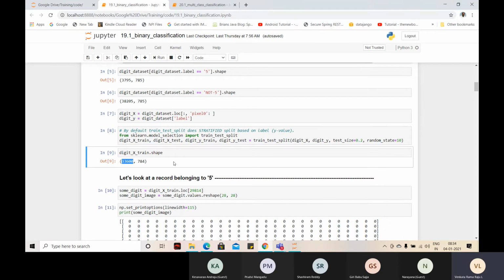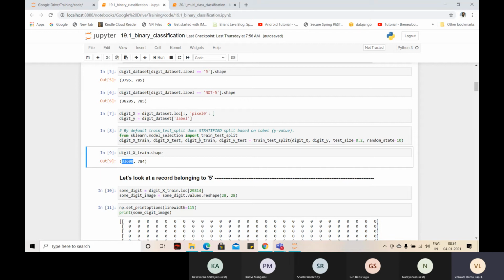How much is the data set then? Smaller than the total. Around 7,000 or maybe 8,000. Smaller, right? Got it?